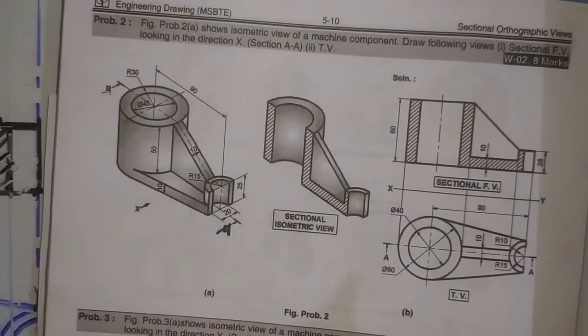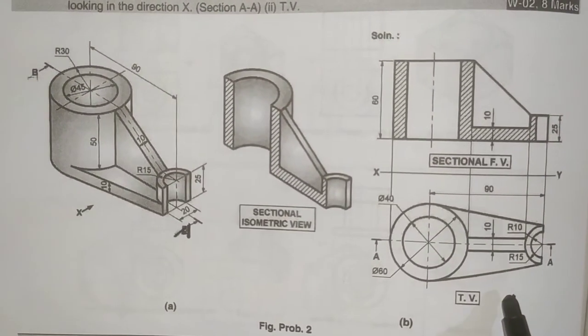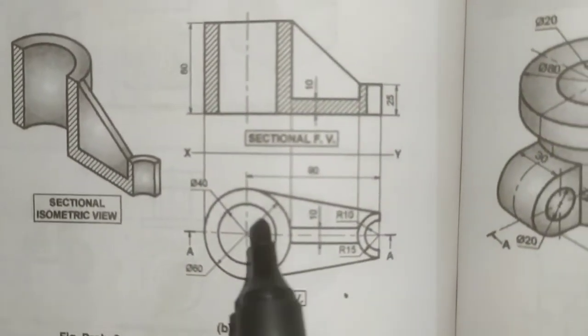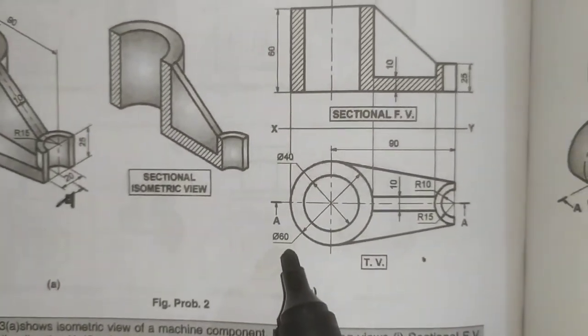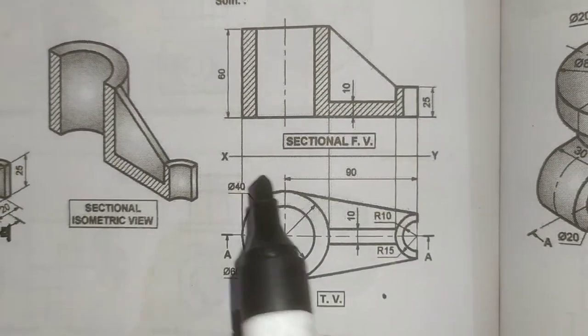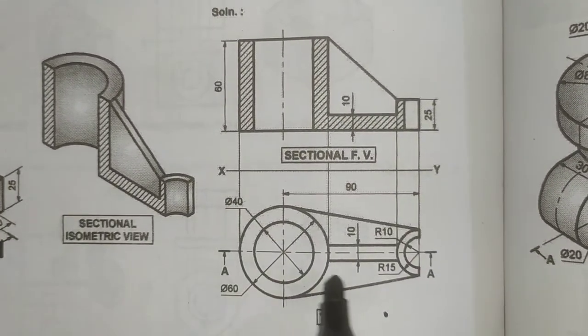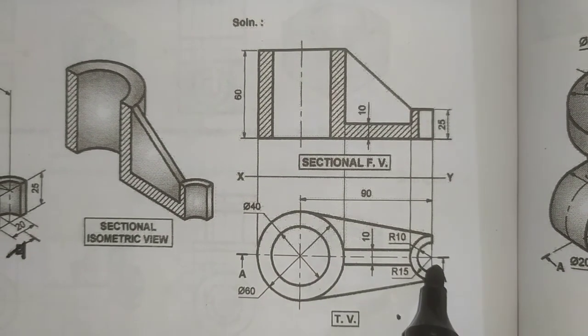How to dimension it? Look at it here. These are the two cylinders. They are given the dimension in this fashion: 60 outer diameter, 45, this is 45. What is the distance between centers? 90. What is the internal diameter?